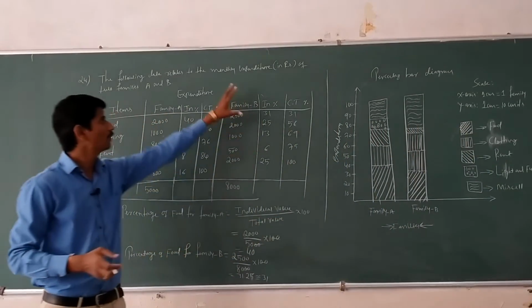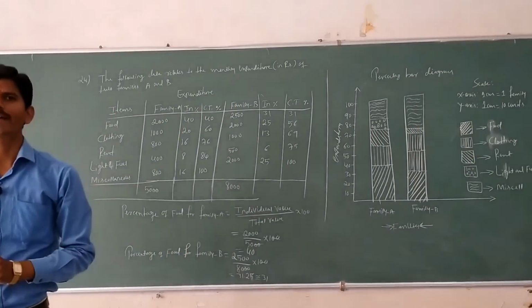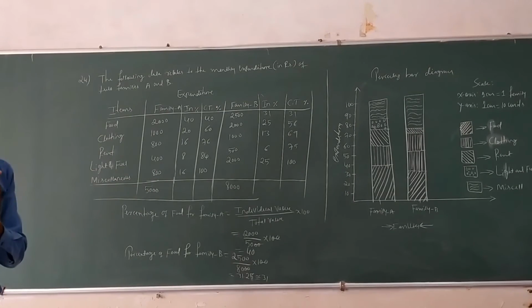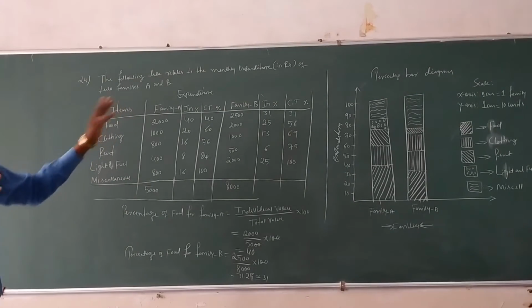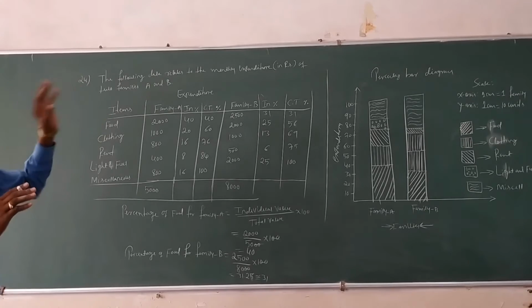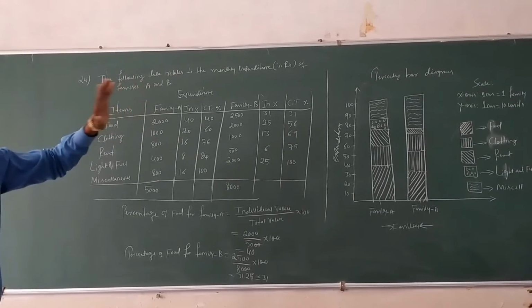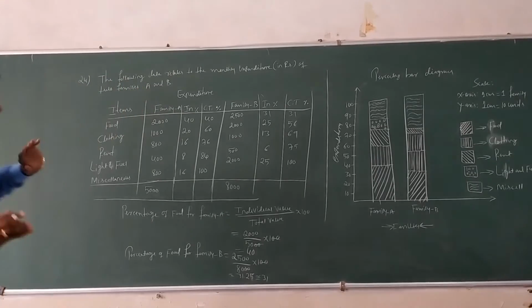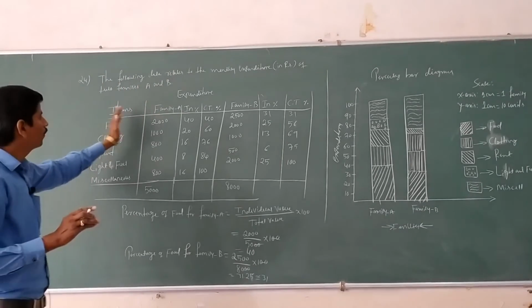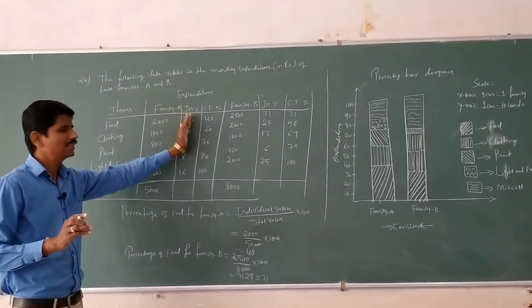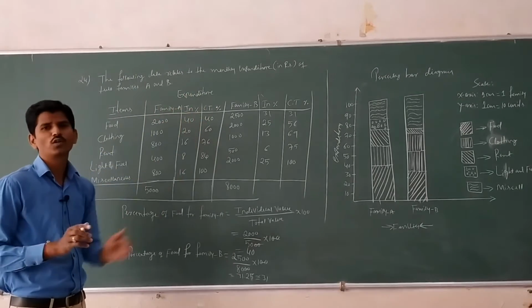Okay, it is about the percentage bar diagram. It is also one type of percentage component bar diagram. Here, the components are not the actual values but percentages. You first have to find the percentages, and afterwards the cumulative percentages.